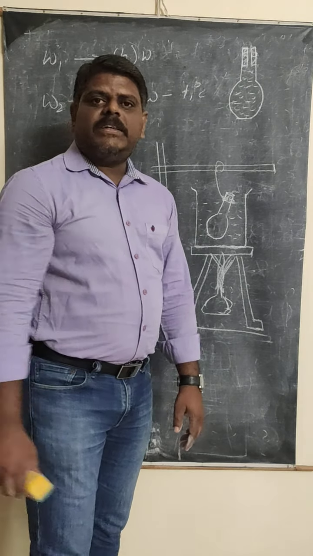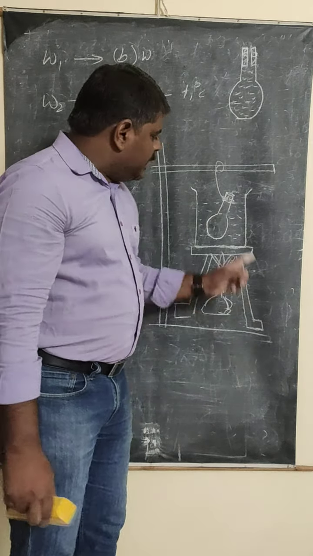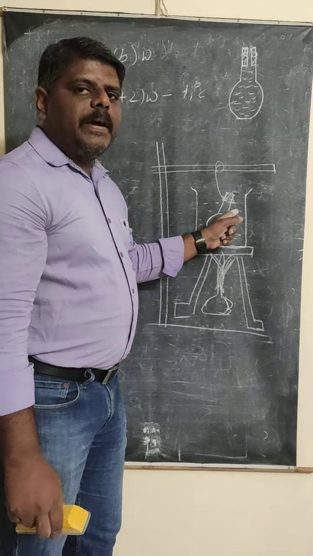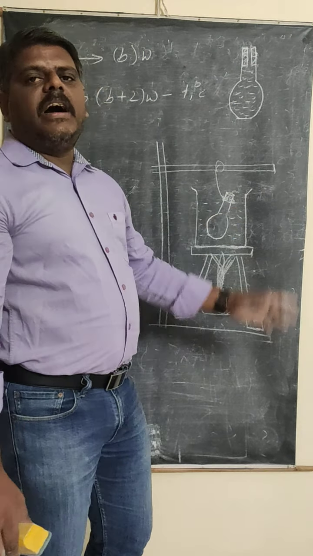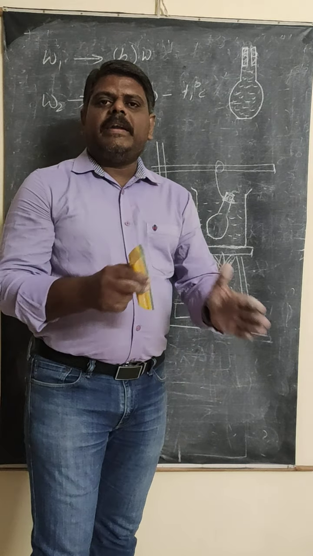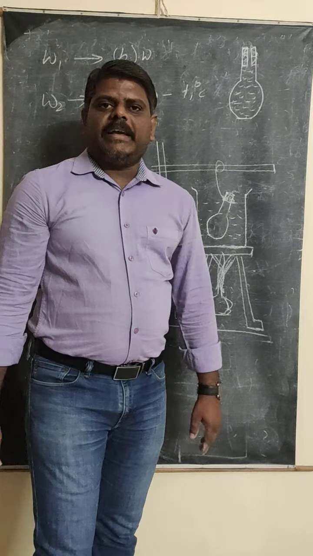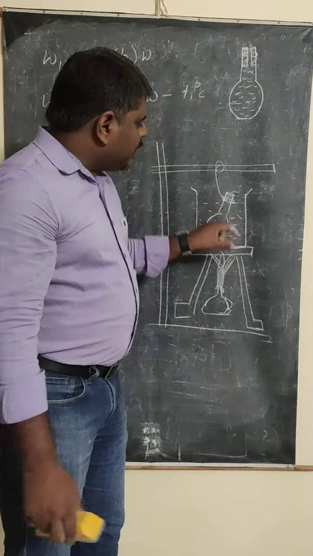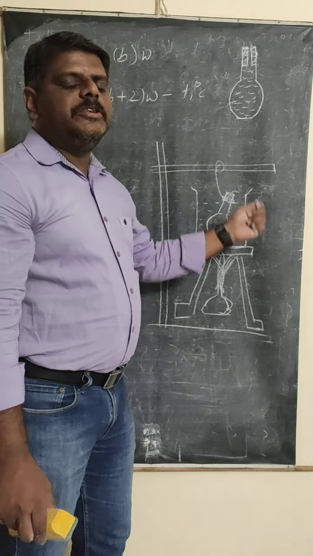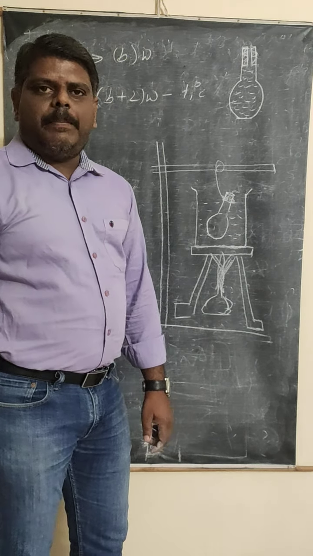What happens if this liquid mixes with water? Immediately the temperature of the water is going to change, and again uneven temperature will take place. Due to that reason, whatever liquid is overflowing should always be cleaned using blotting paper or a paper napkin.